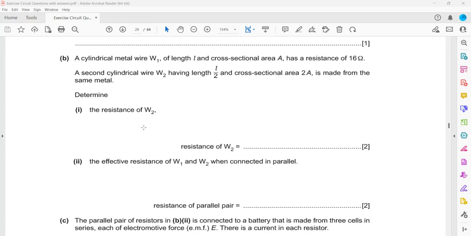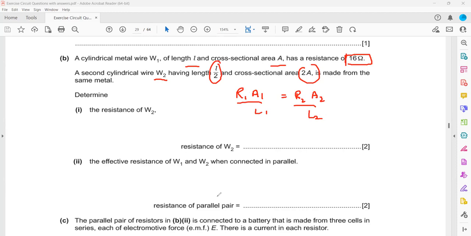A cylindrical metal wire is there, which has a length L and cross-sectional area A, and a resistance of 16 ohm. Another cylindrical wire has a length half and area double, and we have to determine its resistance. Whenever you're changing the length and area, the formula we'll use is R1 A1 over L1 equals R2 A2 over L2.